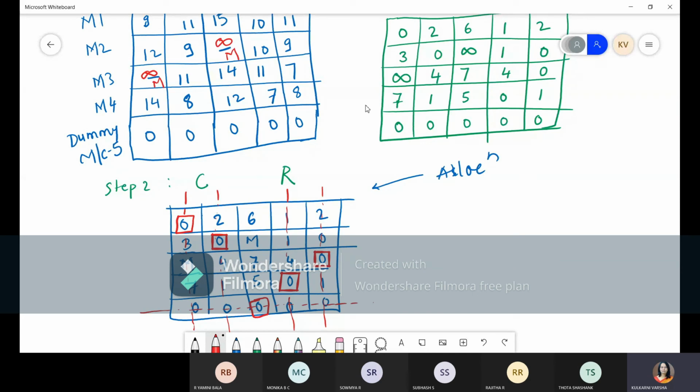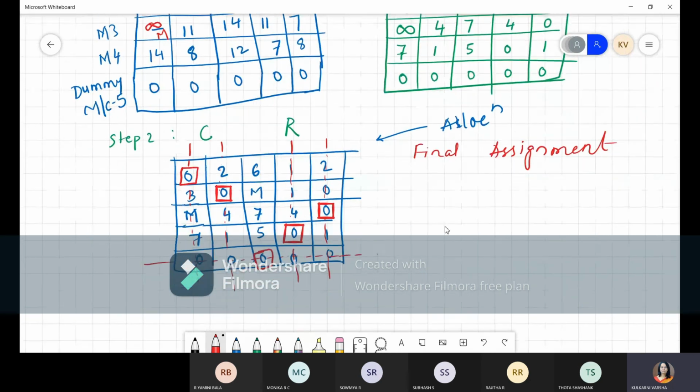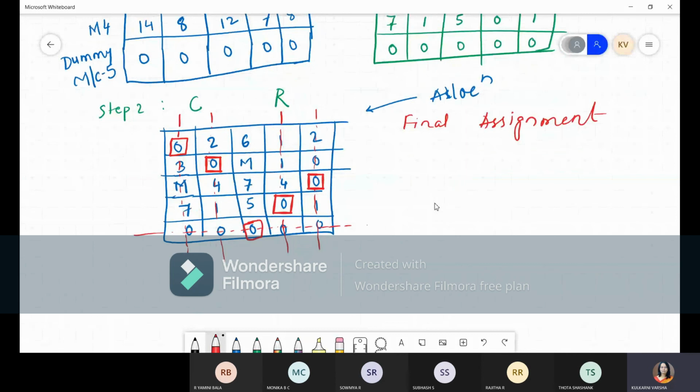There are 5 allocations and the order of the matrix is also 5. There is no need to go for step 4 because we already have the answer. So write down the final answer.